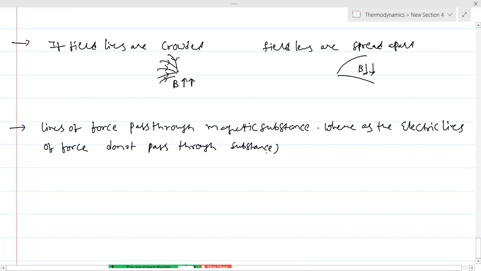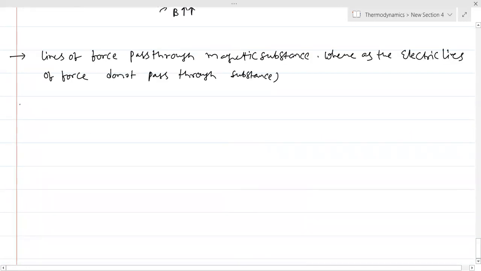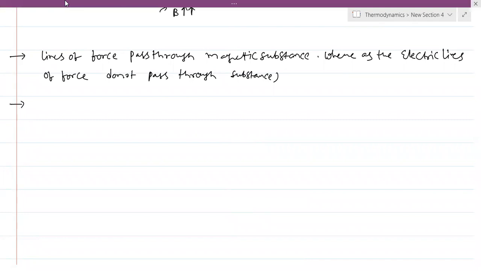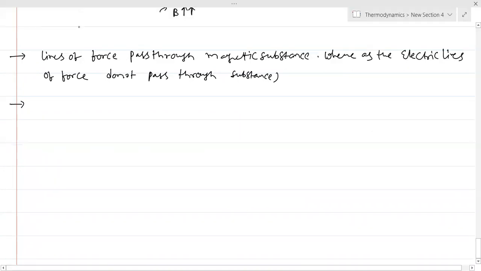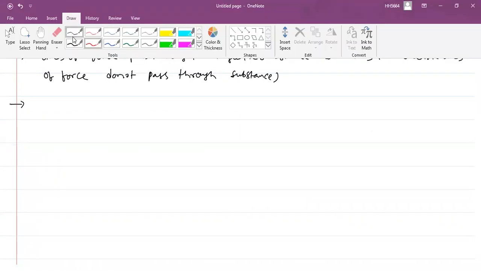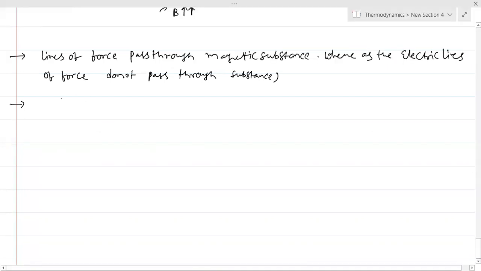So you need to keep this in mind while studying electric. And the properties, again I am taking, these are very, very important in understanding the basics of electrostatics and as well moving charges and magnetism.